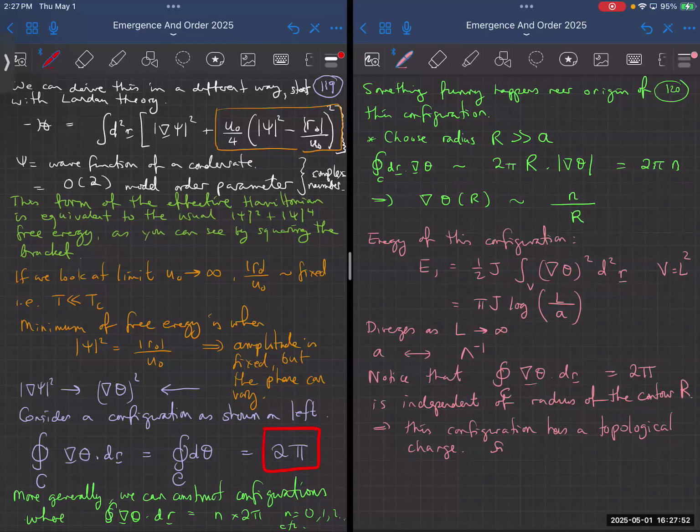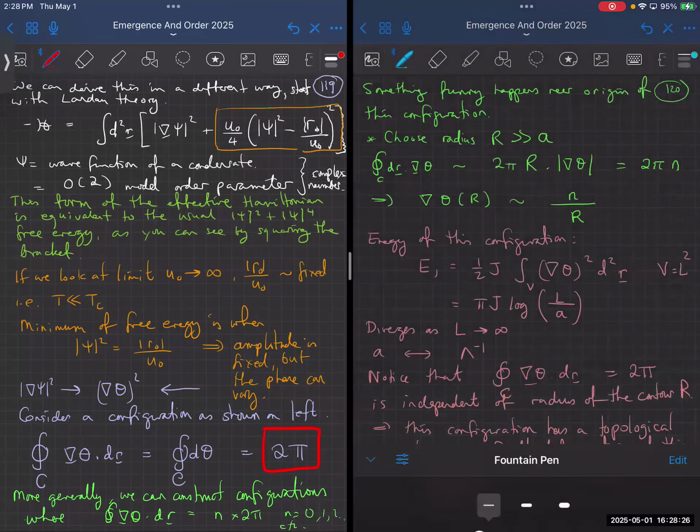So small deformations of this configuration do not change this line integral. And this is one example of a topological defect.